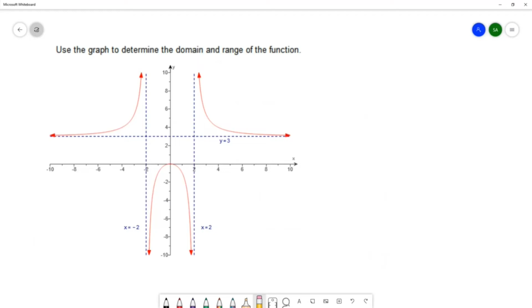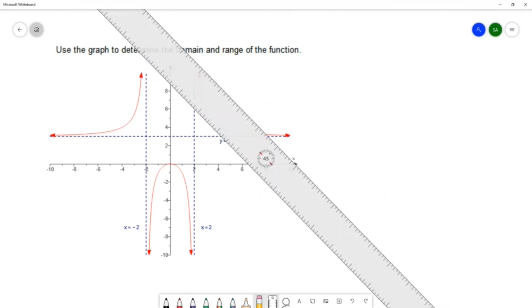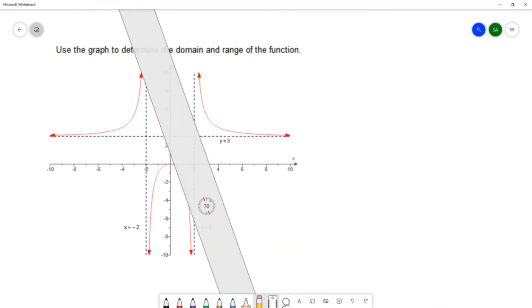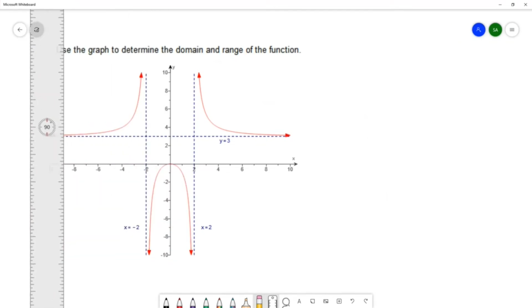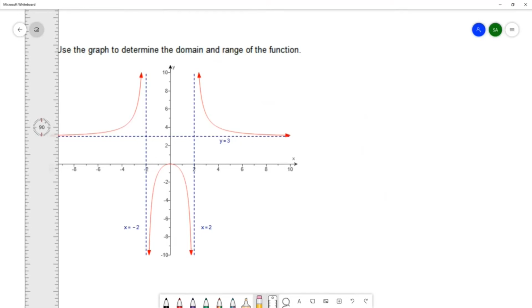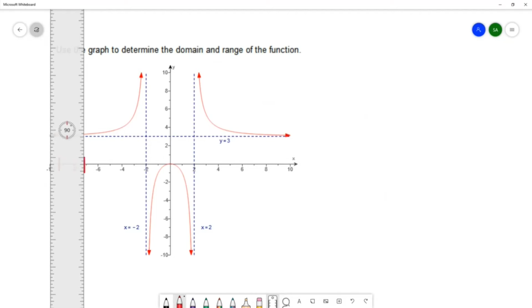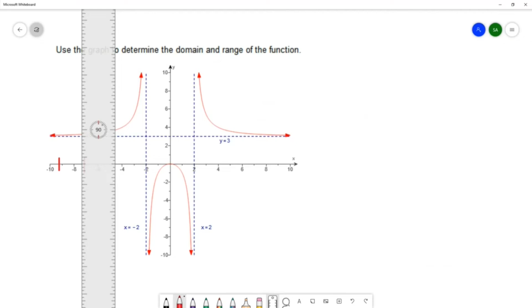When I'm looking for domain and range of a graph, I like to use my ruler. When I'm finding domain, I hold the ruler vertically. The reason why I hold it vertically is because it allows me to mark off different places along the x-axis, which is important for domain because the definition of domain is all of the x's.